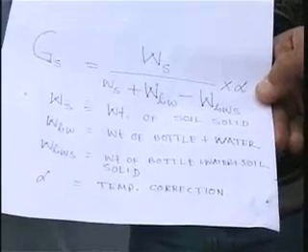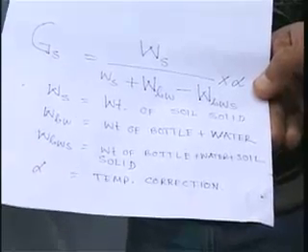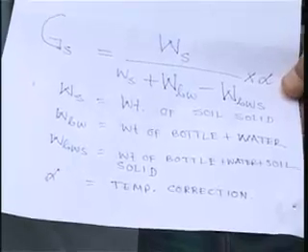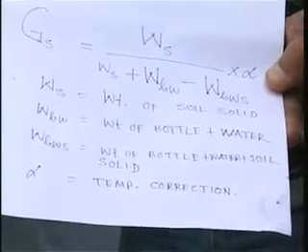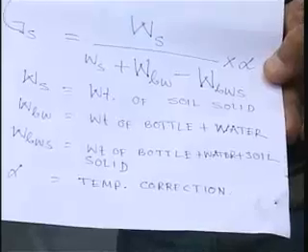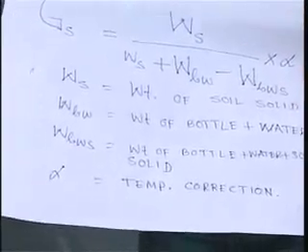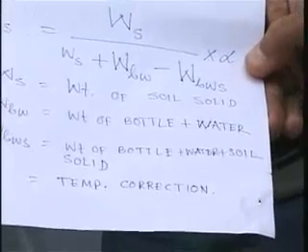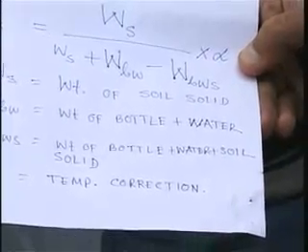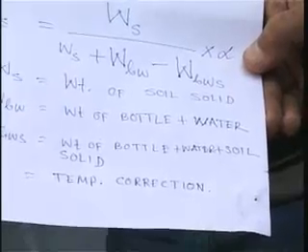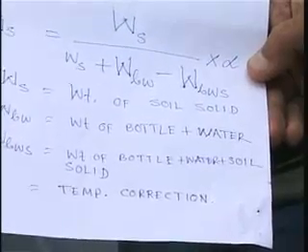W_S means the weight of soil solid taken in the flask. W_BW means weight of bottle or the flask plus water, and W_BWS is weight of bottle plus water plus soil solid, and alpha, as I was saying, is temperature correction.